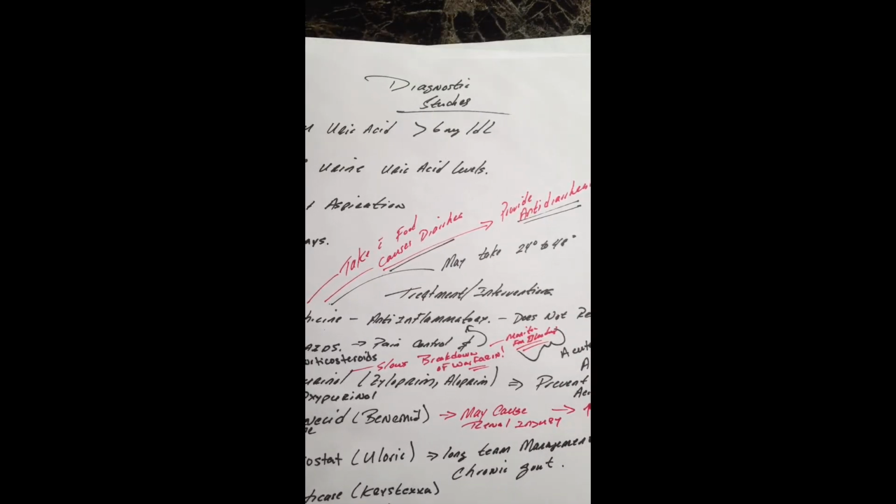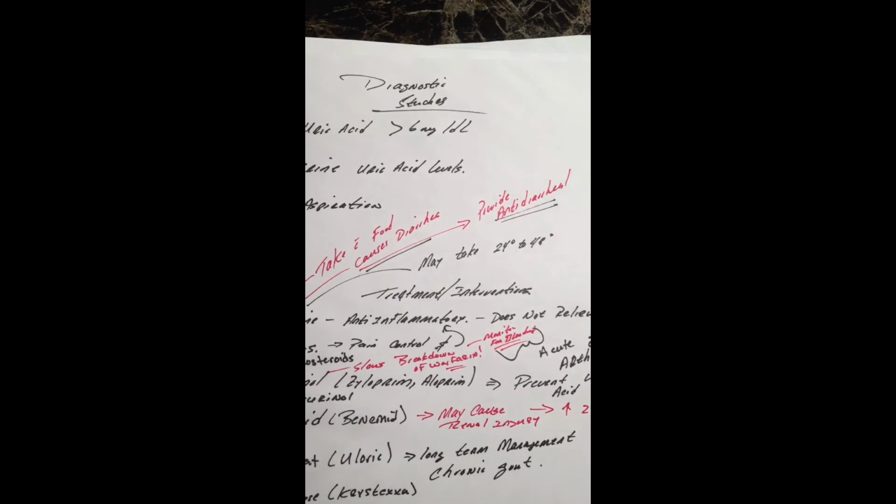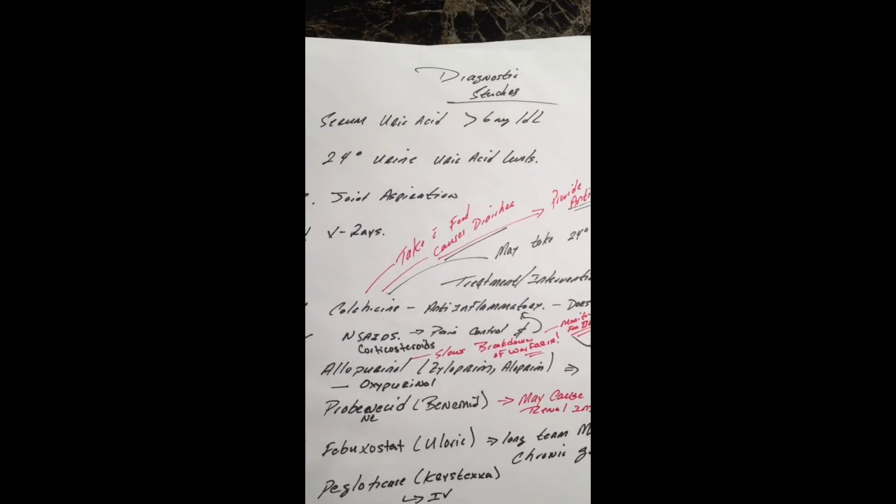Now, you always want to tell your patient to take these medications with food. If diarrhea does not stop, the colchicine may have to be discontinued or stopped. Same thing with NSAIDs. You must tell your patient to take it with food. Again, you do not want to cause ulcerations in the stomach.